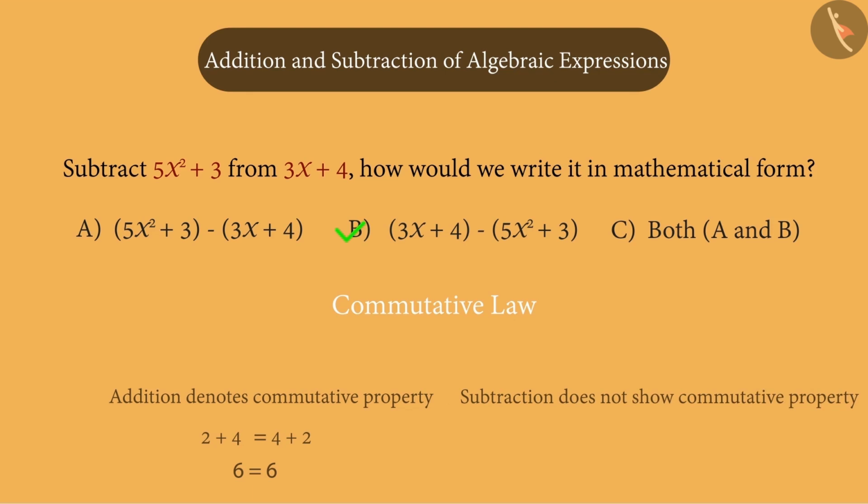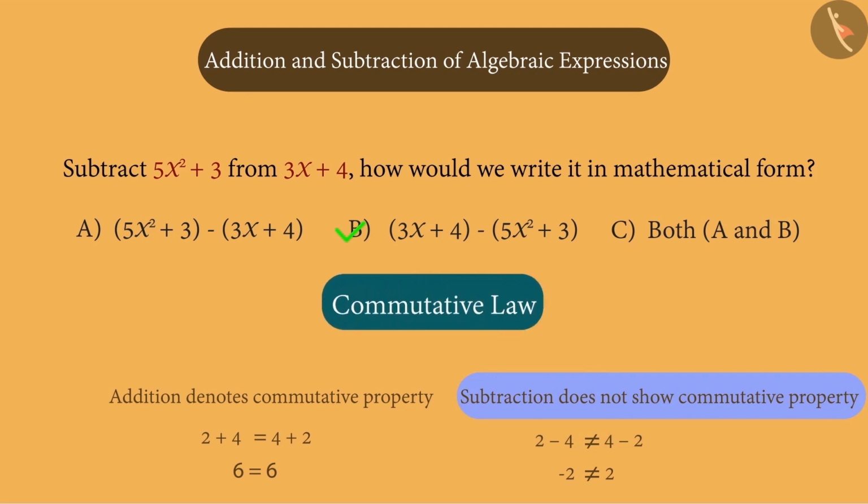For example, 2 minus 4 is equal to negative 2, but 4 minus 2 is equal to positive 2. This means that 2 minus 4 and 4 minus 2 are not the same. Commutative property is not true for subtraction.